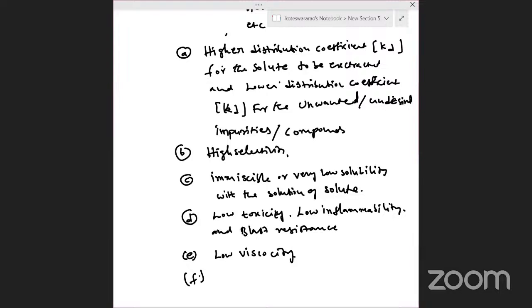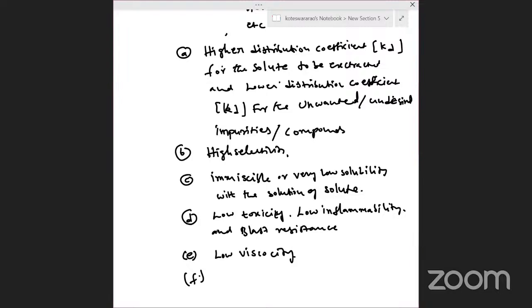Whenever we are taking the organic solvent, its density should not be equal to the water density. If it is equal to the water density, there is a problem. It forms an emulsion, and because of that emulsion, we are unable to separate them. Once the solvents are not separable, we cannot separate the solute.